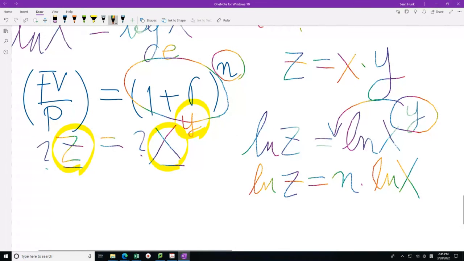I explained this with common log. If you have log of 100 to base 10, that's log of 10 squared to base 10. And since log of 10 to base 10 is 1, it becomes 2. I explained that.